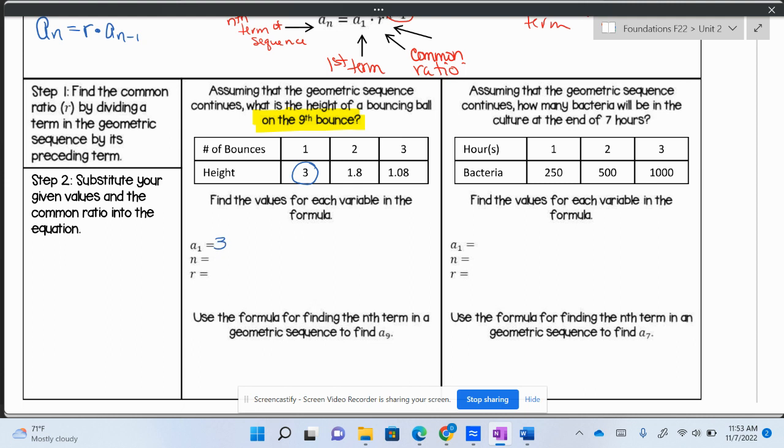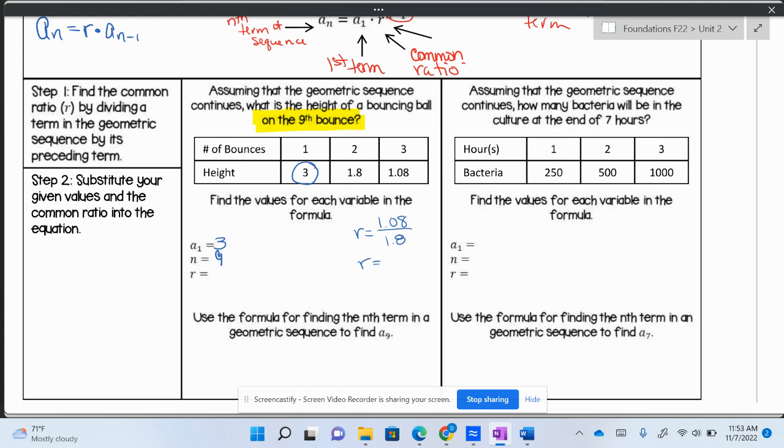What is the nth term that we're looking for? N is representing what number? 9. Good job. How are we going to find r? Well, I'm going to take the last term, 1.08, and divide it by the one that came right before that. So someone needs to calculate that.